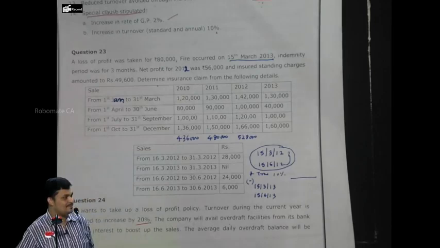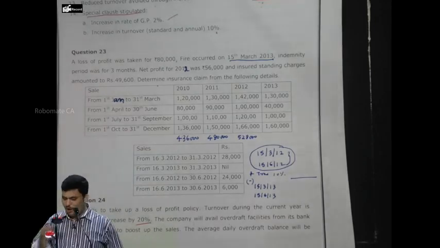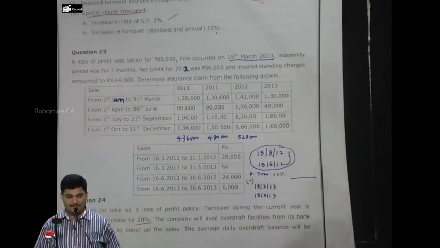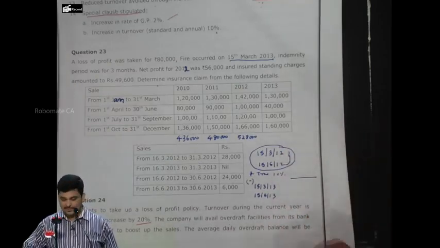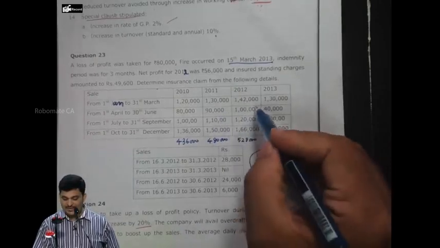Correct? Everybody? But how to split that, it's very simple. Majority falling in first quarter or second quarter? So take second quarter sales, which is 1 lakh.